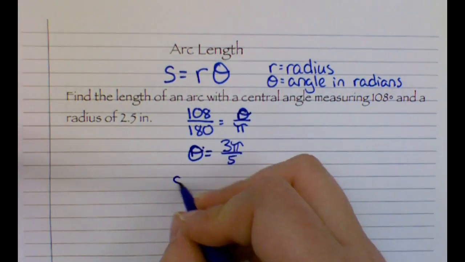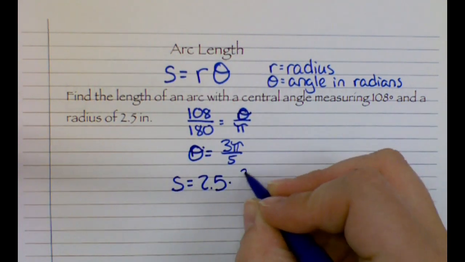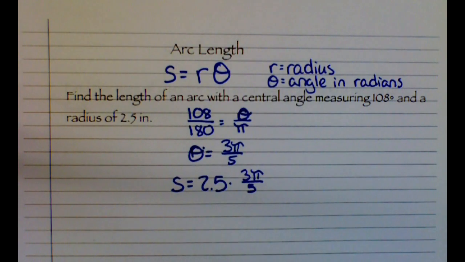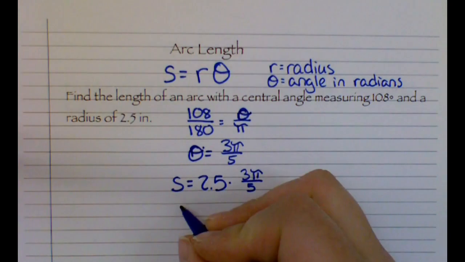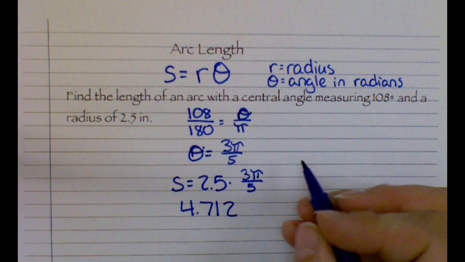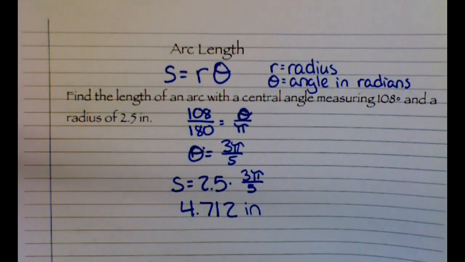So now for my arc length, I take my radius, which is 2.5, times my angle, which is 3 pi over 5, and I just type that in my calculator. 2.5 times 3 times pi divided by 5, 4.712, and my label here is inches. Arc length is just inches.